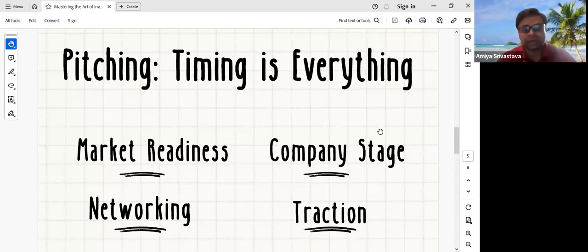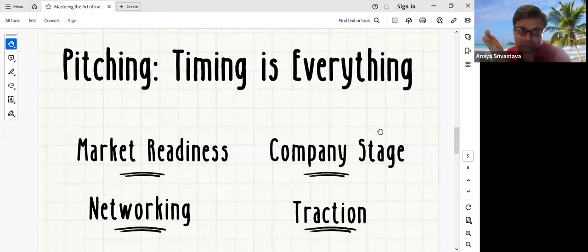So all of these things combined together, that's what constitutes how an investor is going to look at your pitch, more granularly. Okay, there could be other factors as well, but at a major block level, these are the things that you should potentially be looking at to understand how you are going to prepare for your pitch.